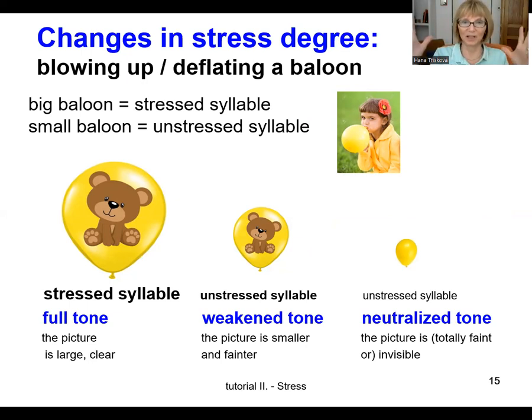Big balloon is a stressed syllable, and a small balloon is an unstressed syllable. So if we have a big balloon, the picture is large, clear, and distinct. If we deflate it a little bit, the picture gets smaller, fainter. And if we continue, there is less and less air. Finally, the picture is just gone. It's invisible.